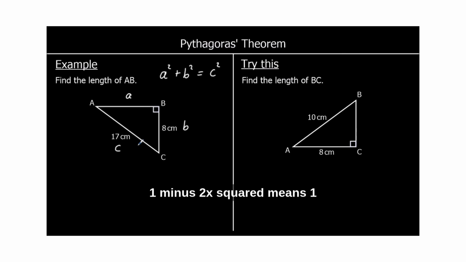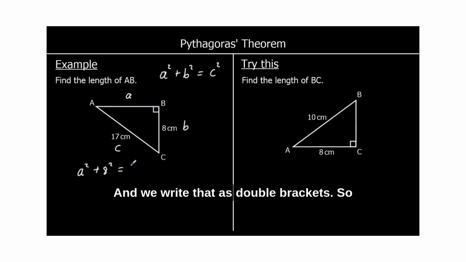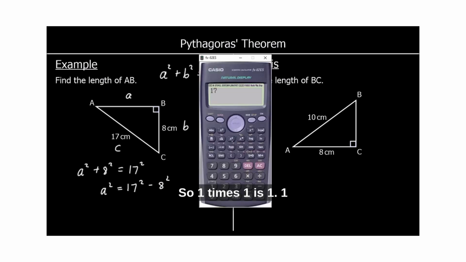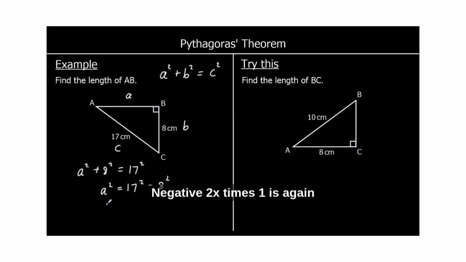So if we substitute into our formula, we get a squared plus 8 squared equals 17 squared. To get a squared by itself, we take away 8 squared from both sides. So a squared equals 17 squared minus 8 squared. 17 squared minus 8 squared is 225.